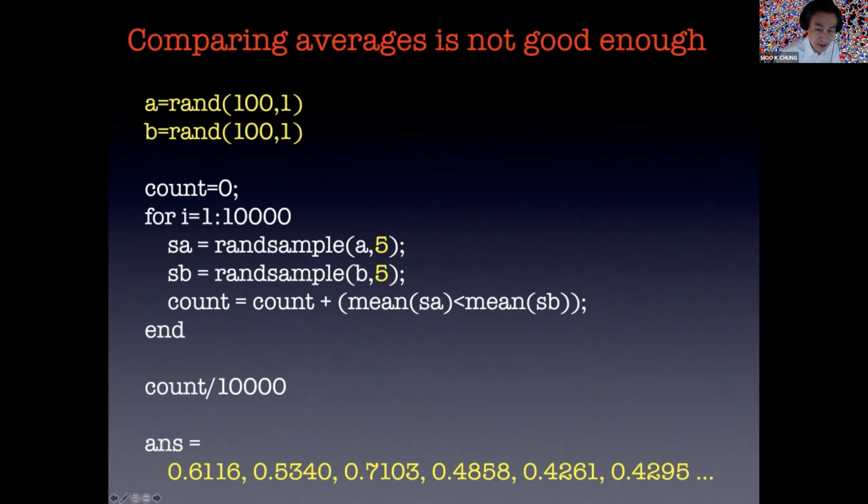I'm going to basically subsample 5 numbers, compute the average, and check whether the average of the subsampled vector B is bigger than this, and count it, and then compute the probability. Then what we're gonna get is that this number, 0.6, 0.5, 0.7, 0.48, 0.42, is essentially a random number. So in that sense, it doesn't mean a thing.